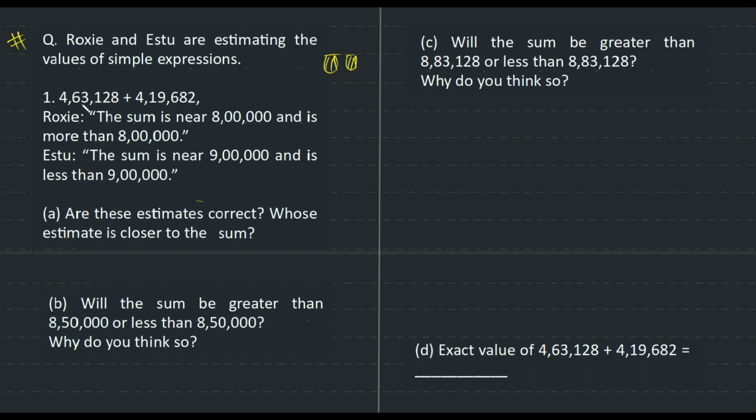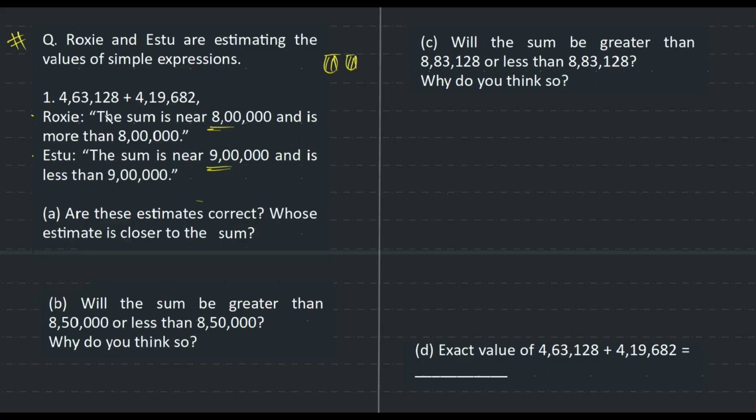So we have 4,63,000 odd being added to 4,19,000. So we have two people, and one's estimation is 8 lakh and another's estimation is 9 lakh. Now the question is who has a better estimate, right? That's the first question. So what should we do?